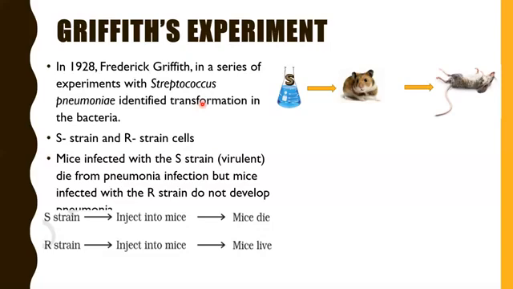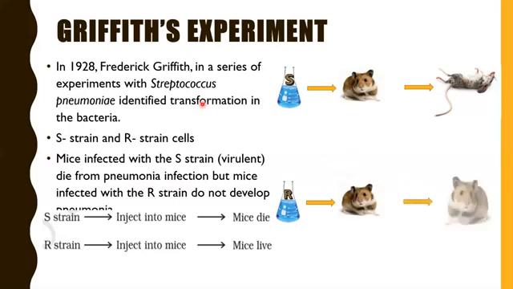In the next step, he took the R-strain bacterial cells in a syringe. Then he injected such R-strain bacterial cells into another living mice. But when the R-strain bacterial cells were injected, the mice survived.